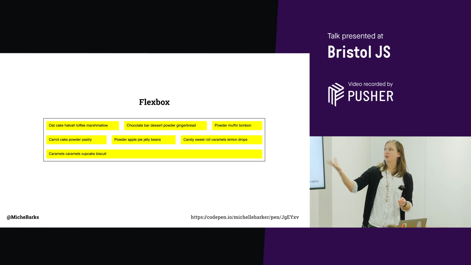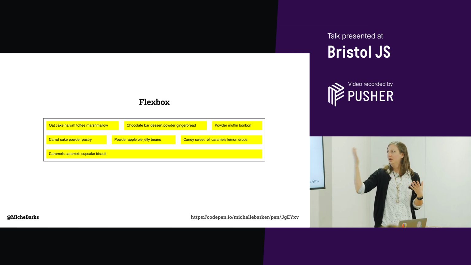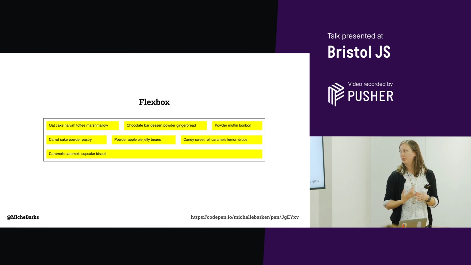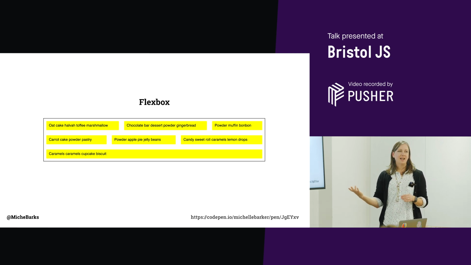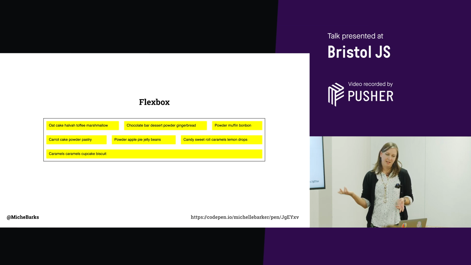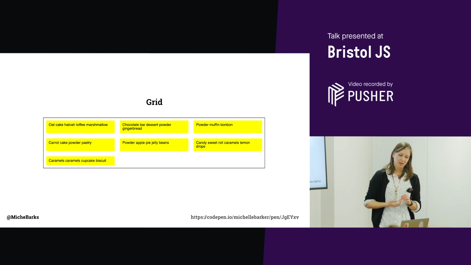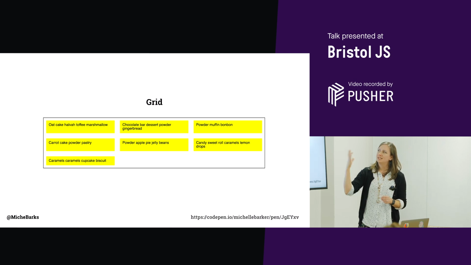Or perhaps when you have only one item in a line, you want that item to expand and fill the line. And this isn't really that practical to do with Grid. But it's exactly what Flexbox excels at. It's designed to be flexible. Whereas with Grid, the items will always be aligned in rows and columns.